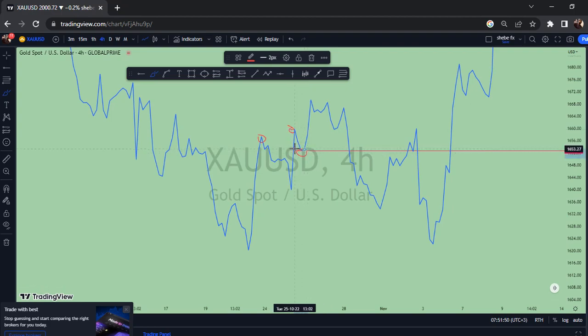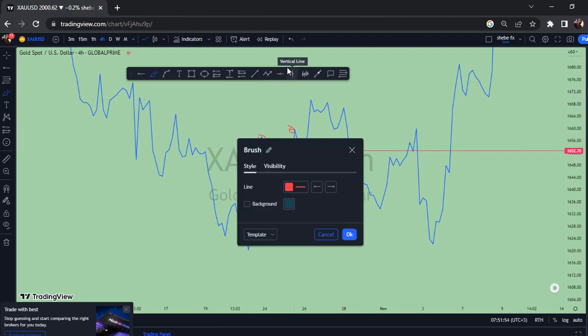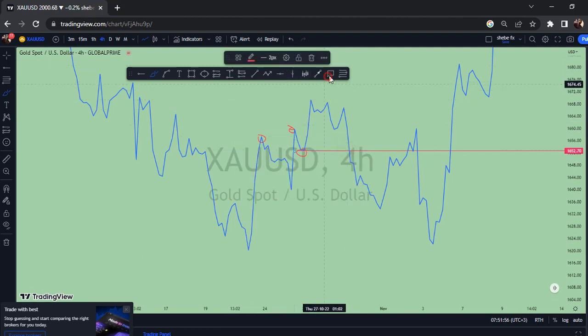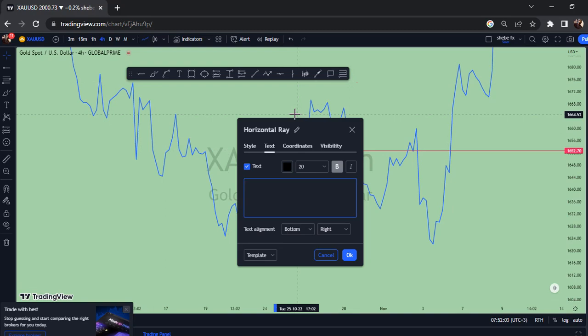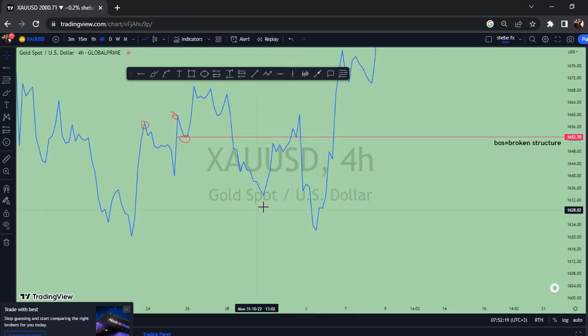Hence, the break of structure. This one becomes the broken structure, BOS, which is equal to broken structure. I think you get the point now. The same applies. This was lower low.